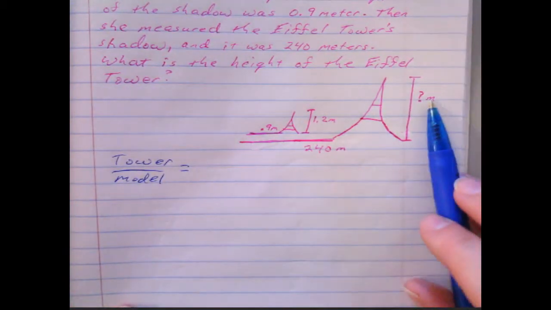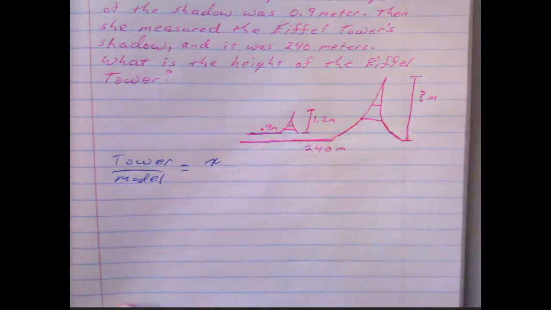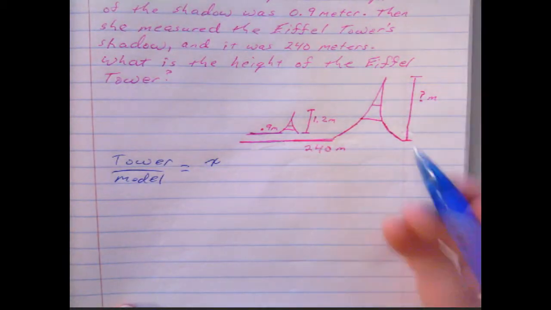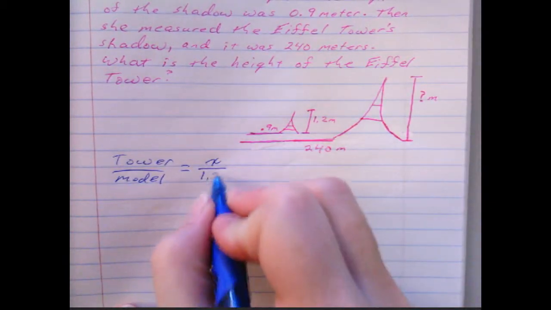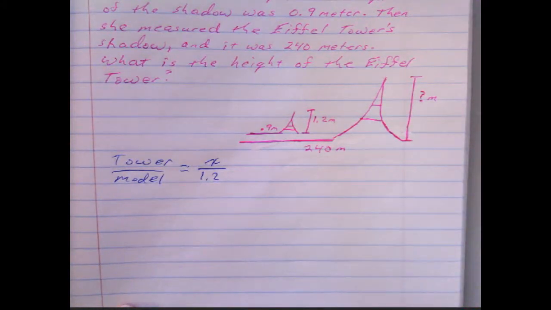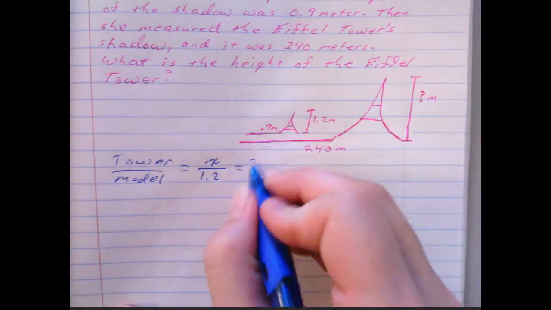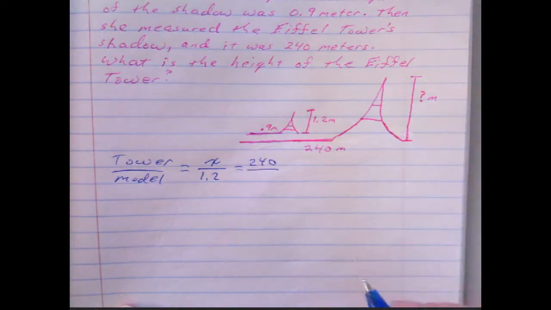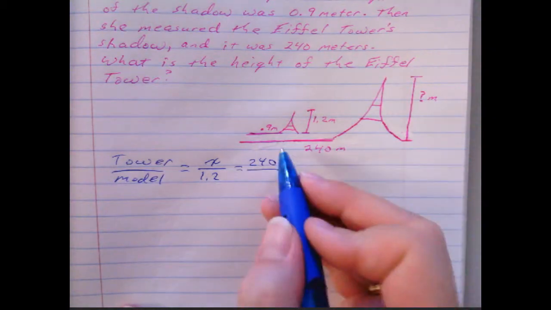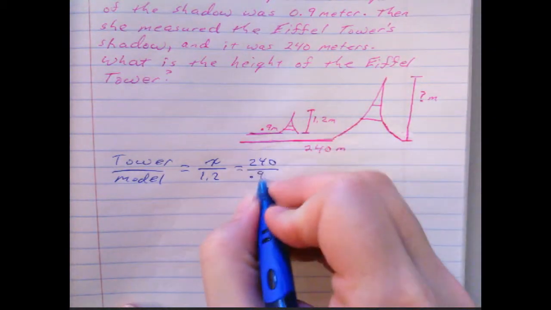So for the tower, I don't know what that is, that's x. And then for the model, it's 1.2. So then from there, I'm going to take the shadow of the tower, which is 240, over the shadow of the model, which is 0.9.